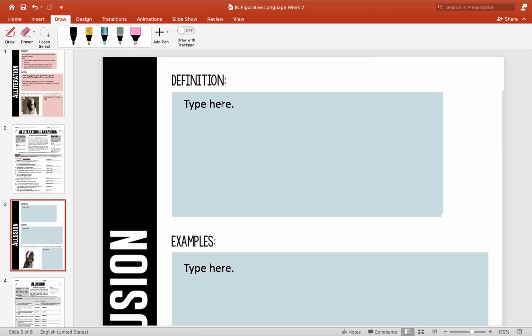All right, let's go ahead and put down the definition. So we went over it, but it helps to do it in a different way too. So here we go.